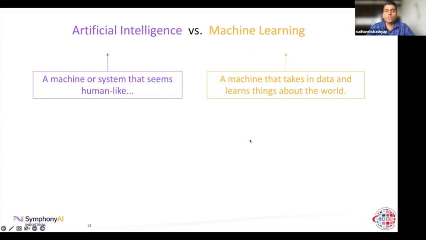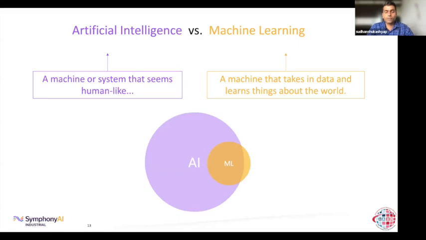So if you look at these two terms, machine learning is a way to achieve artificial intelligence. Once a machine learns from data and understands how data works, how the system works, it can take a decision more like a human, right? So machine learning is a way to achieve artificial intelligence. That's how we should see it and differentiate it.